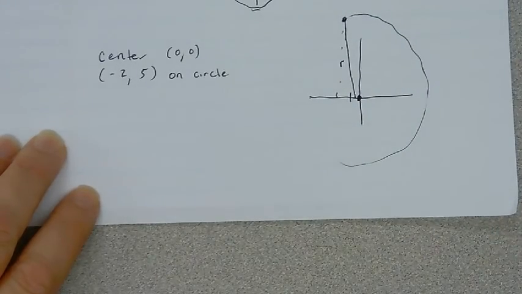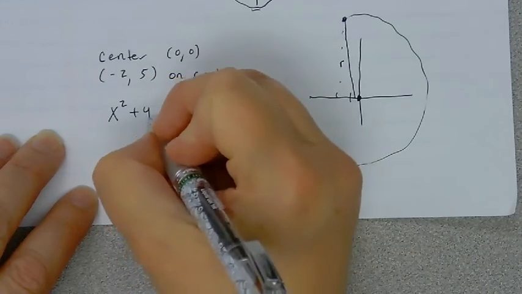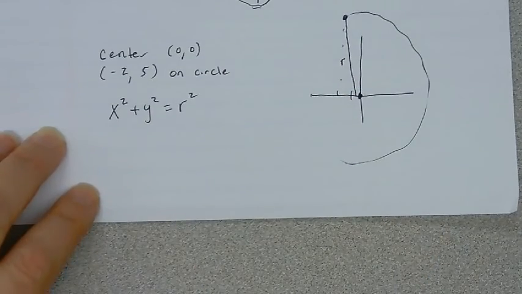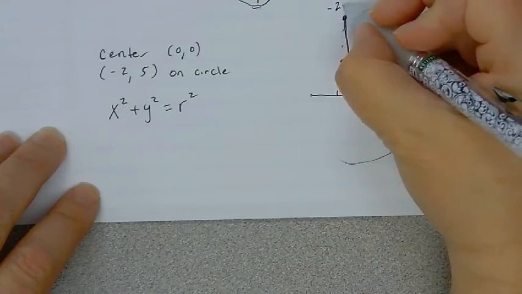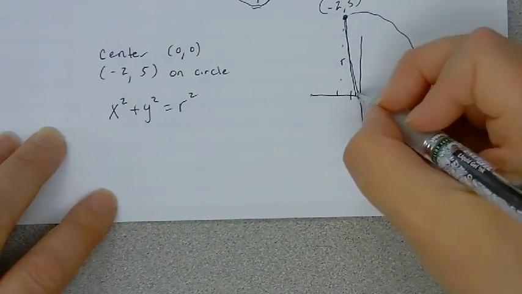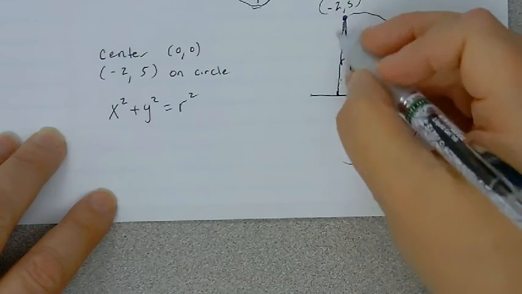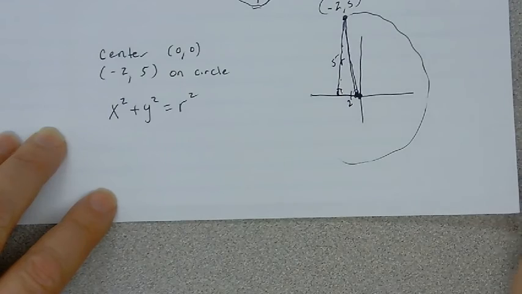So I know that because the center is at the origin, it's going to be x squared plus y squared equals whatever the radius squared is. So I just have to find the length of this radius. This is the point (-2, 5). We could use the distance formula. The other thing we could do is make a right triangle here and know that the sides are 2 and 5.